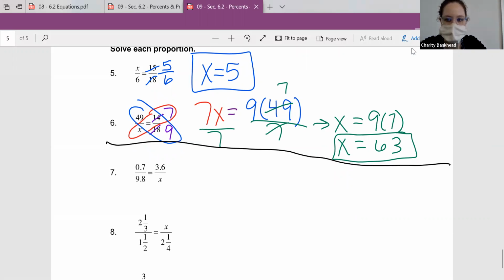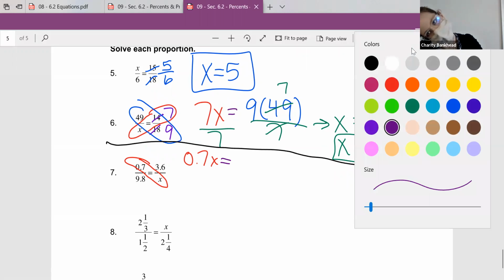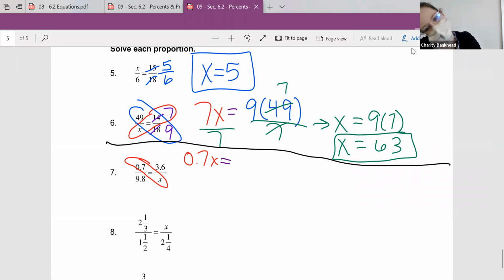So now I know x equals 63. All right, number 7. So 0.7 times x, so 0.7x equals 9.8 times 3.6. So let's just go ahead and multiply that.